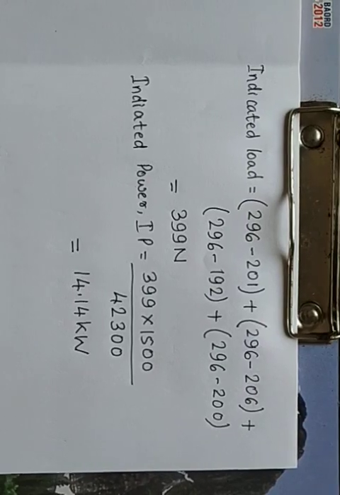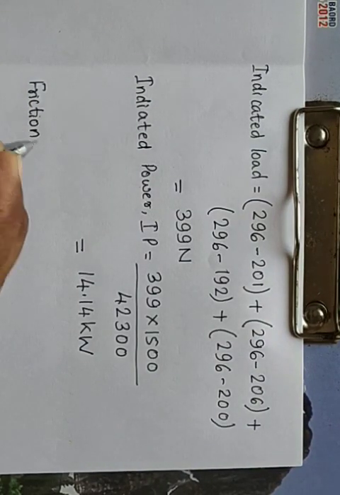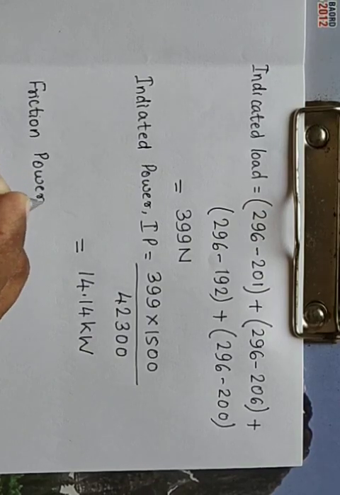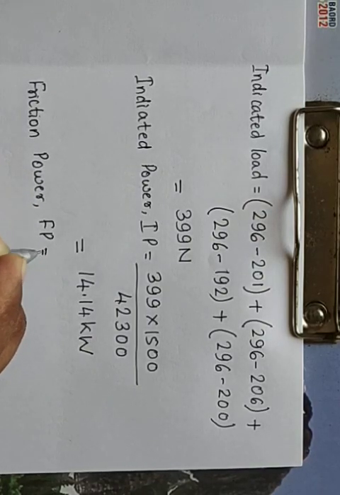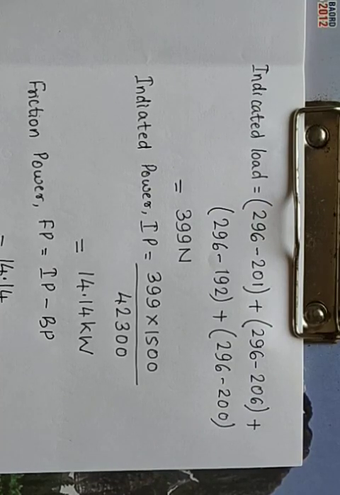Then find out FP, frictional power or friction power. FP will be equal to IP minus BP. So IP is 14.14, BP is 10.49. Subtract these values, you will get the value of FP, that is 3.65 kilowatt.